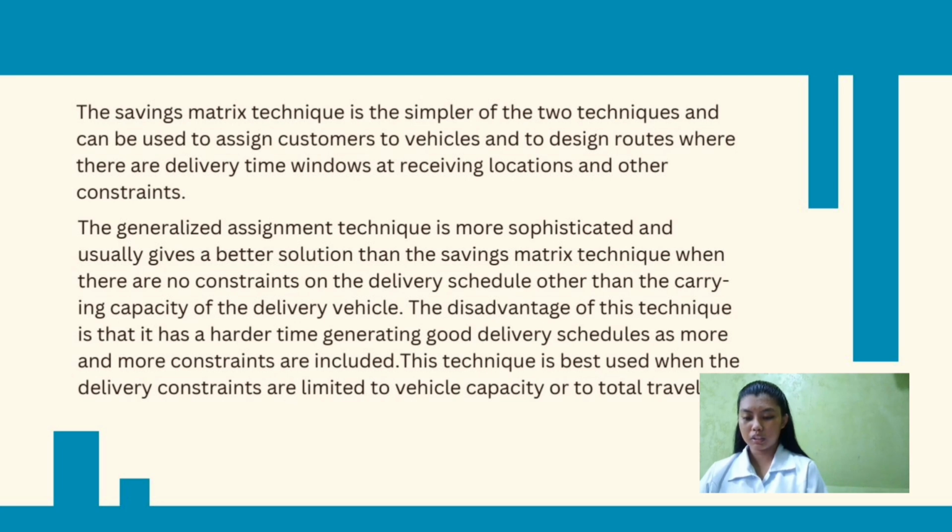The disadvantage of this technique is that it has a harder time generating good delivery schedules as more and more constraints are included. This technique is best used when the delivery constraints are limited to vehicle capacity or the total travel time.